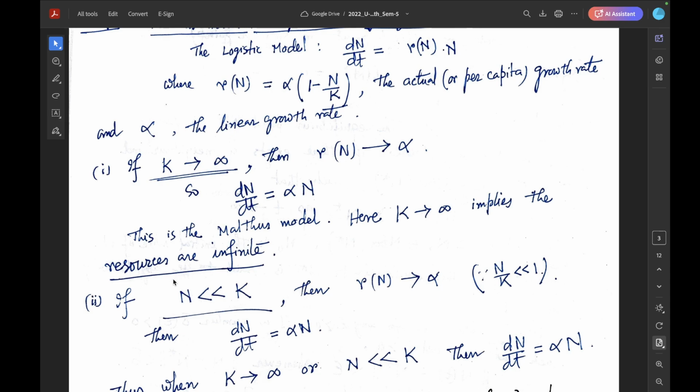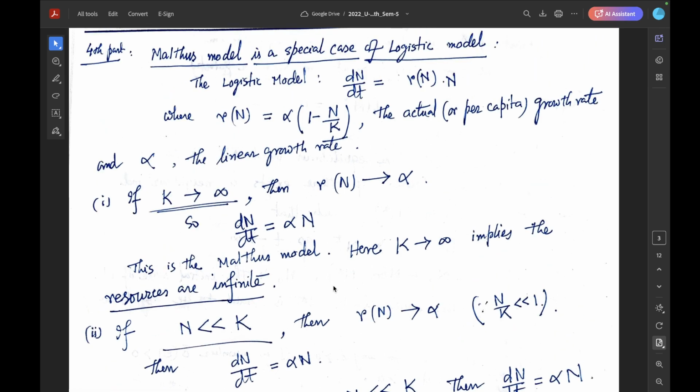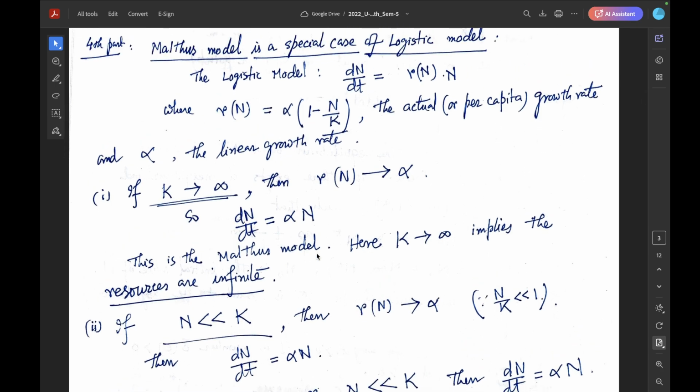Case 2, if n is less than k, population size is less than carrying capacity, then R(n) tends to alpha. Because n by k is less than 1, actually 1 minus this approaches 0, then R(n) tends to alpha.